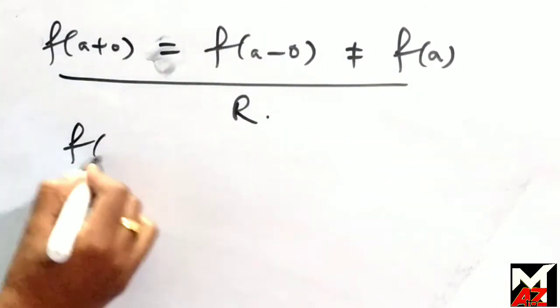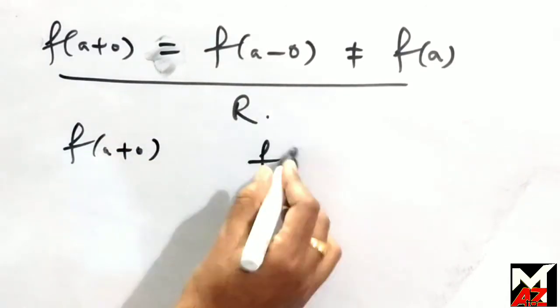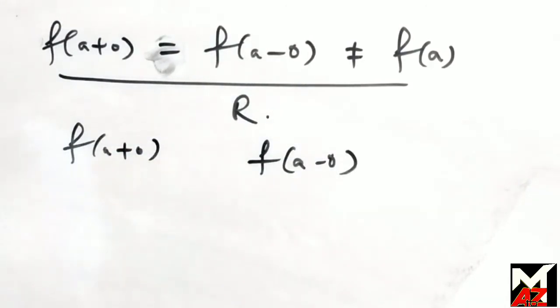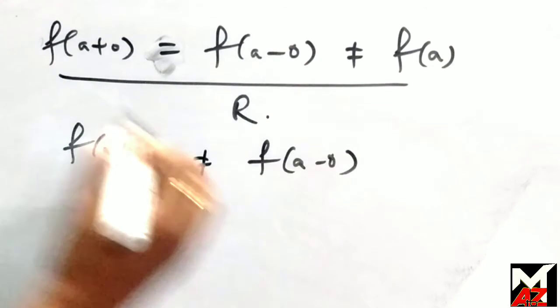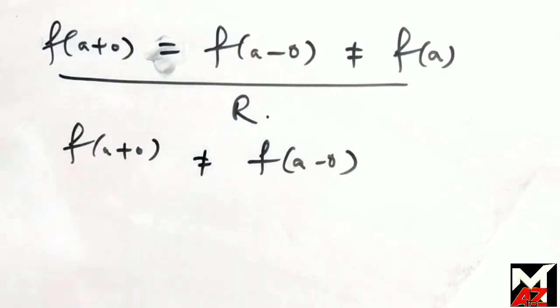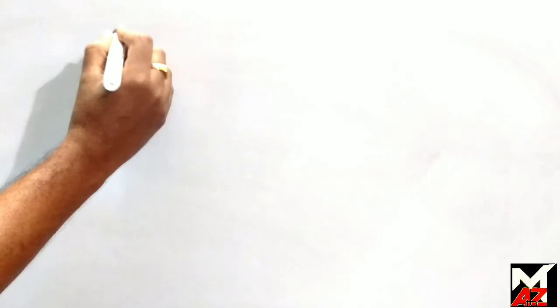But if f(a+0) and f(a-0) both exist but are not equal, then this type of discontinuity is called non-removable discontinuity. We can remember all this together easily in a table.